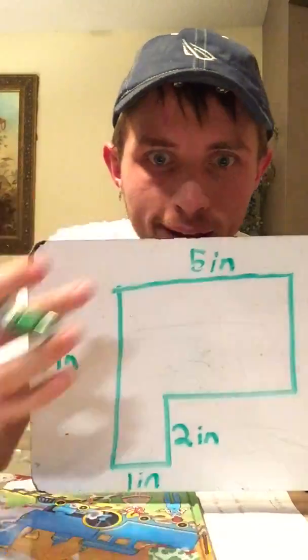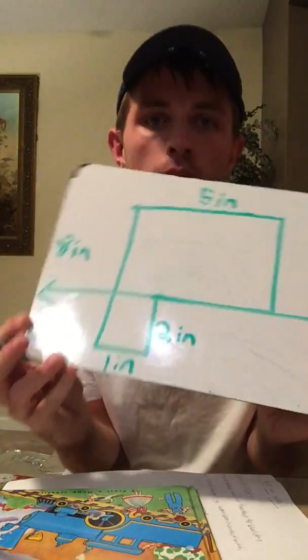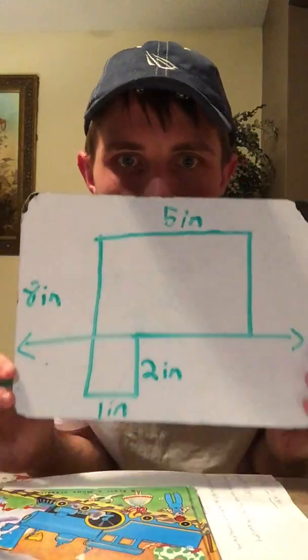You see we have 5, 8, 1, and 2, right? What is step 1? Split the shape. So let's go ahead and split this shape. I am going to split it this way. All right, are you with me so far?